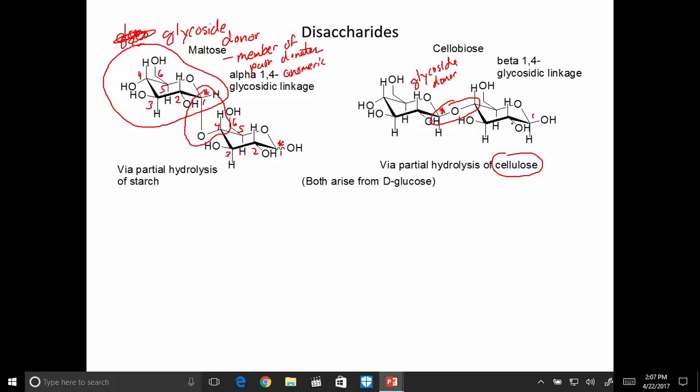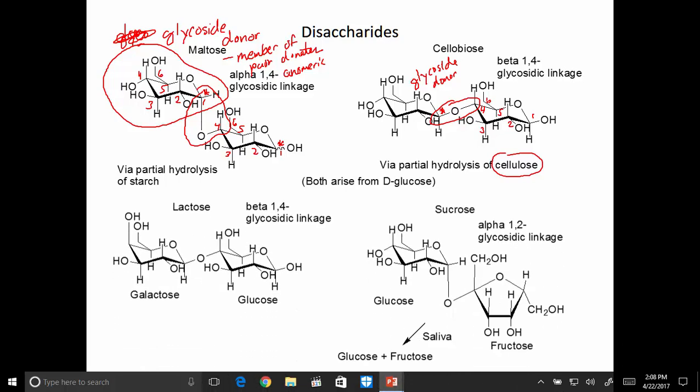It's also linked to carbon 4 of the acceptor molecule, again through the oxygen. Hydrolysis of either of these will give you D-glucose, presumably as a mixture of alpha and beta anomers. And we're going to look at these again when they become part of much larger polysaccharide systems.